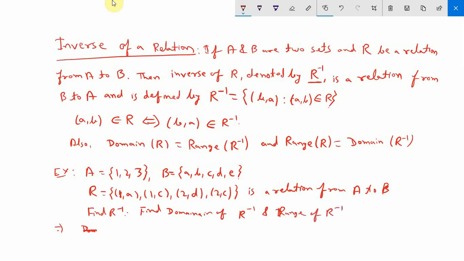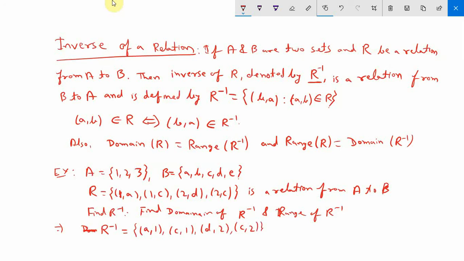First we will find R inverse, and in this we have to reverse the order of elements of R, that is, in place of (1, a) it will be (a, 1), then (c, 1), (d, 2) and (c, 2).